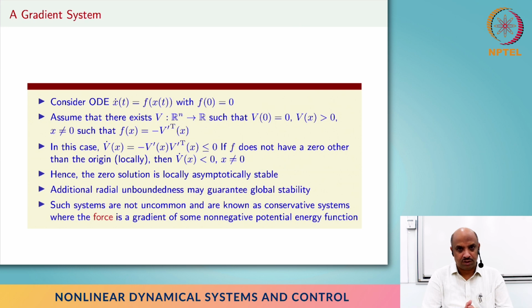Let's say I'm going to call f a forcing function. And the forcing function is typically a derivative of some kind of potential energy function, right? And when that happens, the potential energy gives you non-negativity naturally, and everything is going to be nice, right?